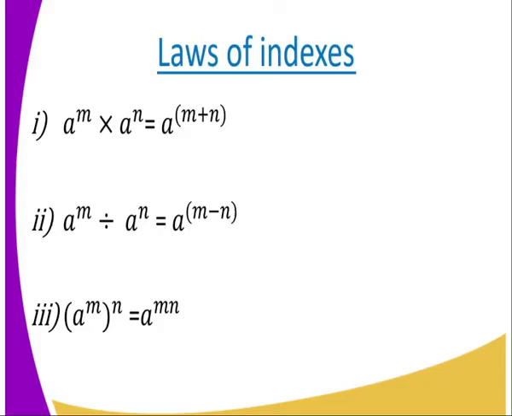A raised to power m divided by A raised to power n is A raised to power m minus n. And this one only applies when the bases are the same. Then we have the third one. A raised to power m, bracket raised to n, can be written as A raised to power mn. So those are the 3 laws of indices.